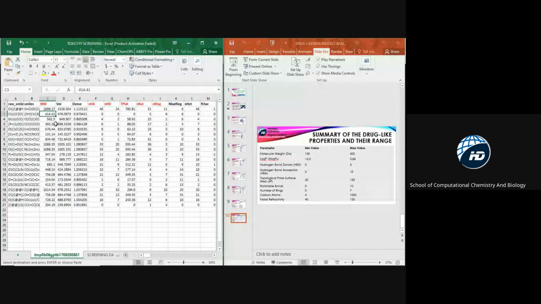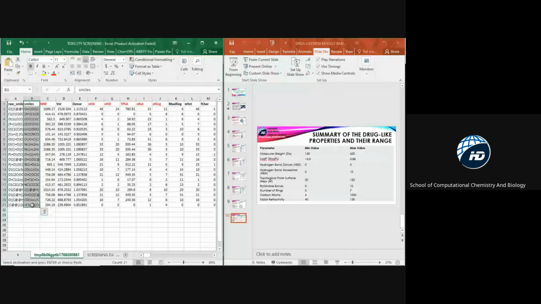It should be the first compound. But the essence I'm trying to say is that we can include it to your data in your own personal time. The most important is to see how we are building the parameters, the screening.